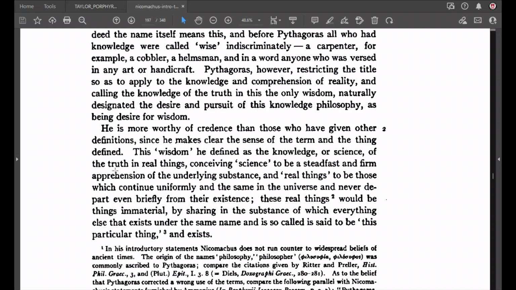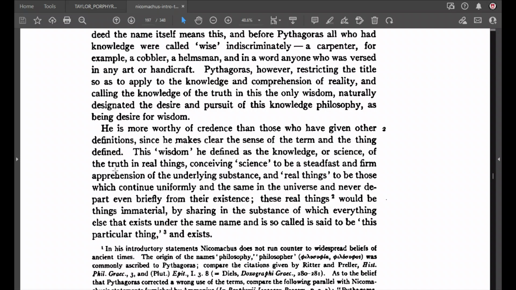And so for Pythagoras, wisdom was the study of real things, the knowledge of real things, things that never change. Does the nature of man ever change? That's a real thing. Never changes. The nature of man, rational animal, never changes. That's a real thing.